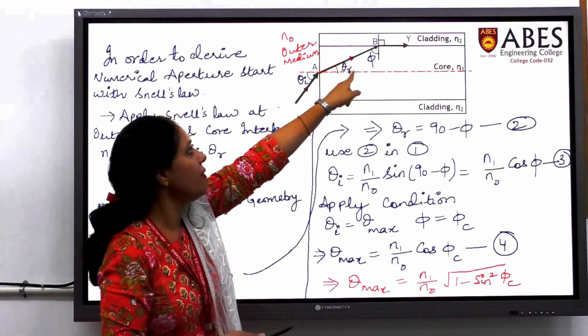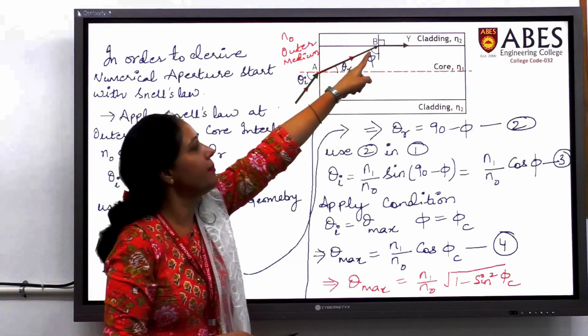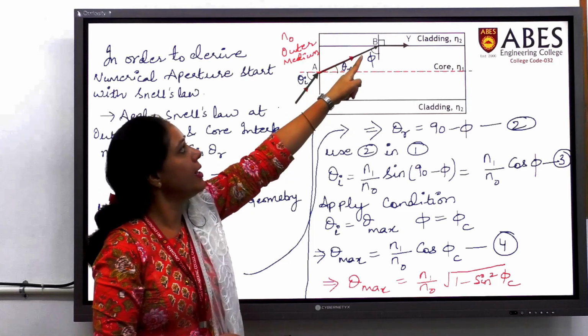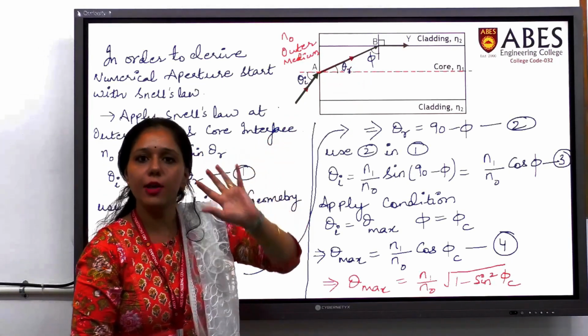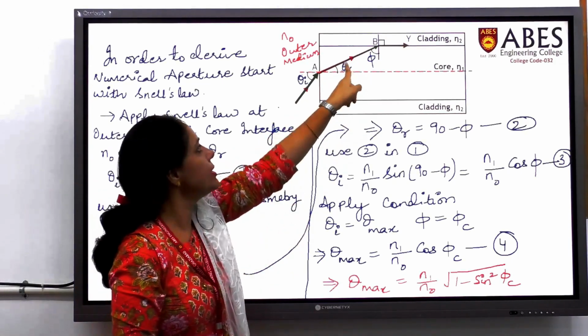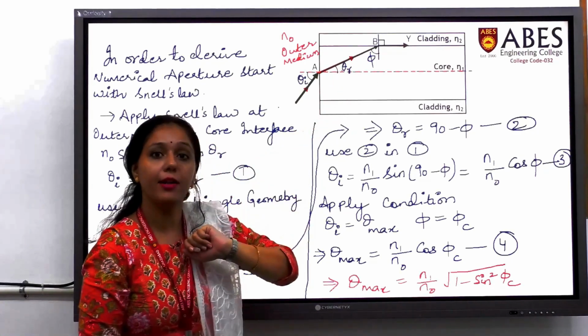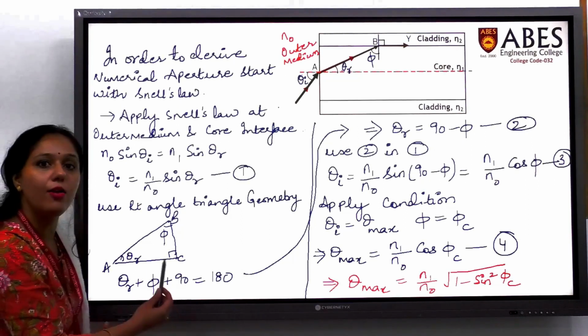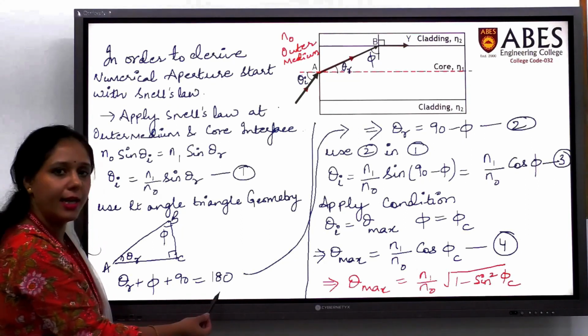So we make a right angle triangle and complete this geometry, and then due to a particular theorem we can easily find theta R in terms of phi. This theorem is that the sum of the interior angles of a triangle is 180 degrees.